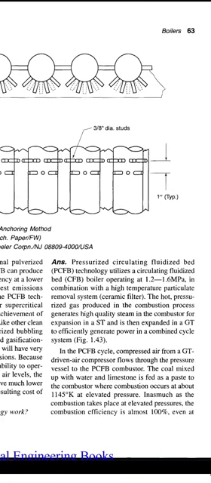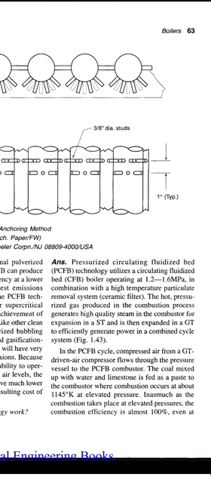In the PCFB cycle, compressed air from the gas turbine driven air compressor flows through the pressure vessel to the PCFB combustor. The coal mixed with water and limestone is fed as a paste to the combustor where combustion occurs at above 1145 degree Kelvin at elevated pressure.